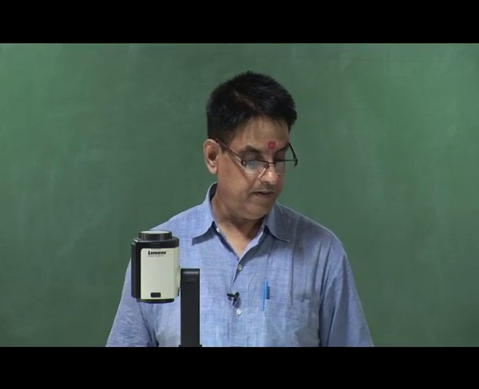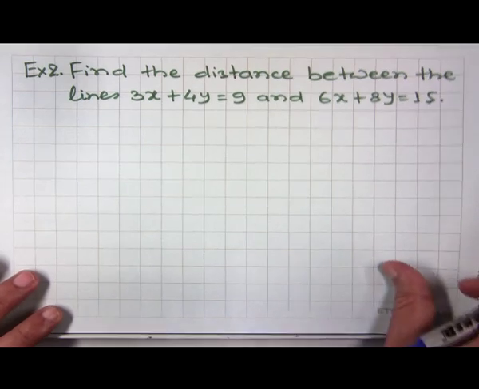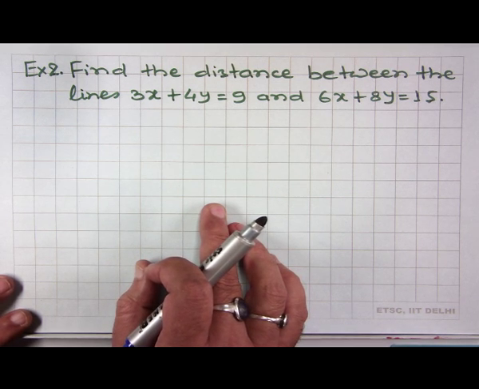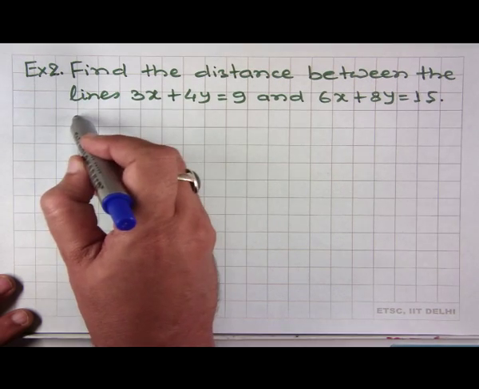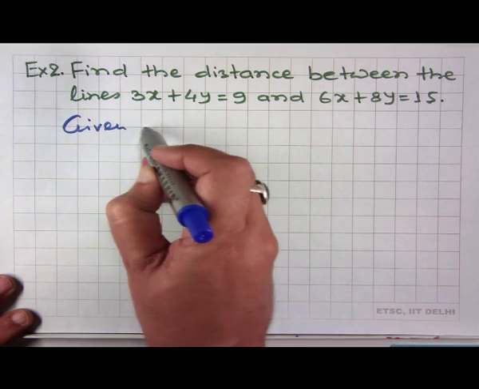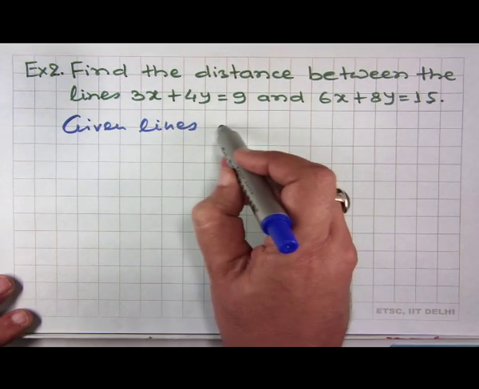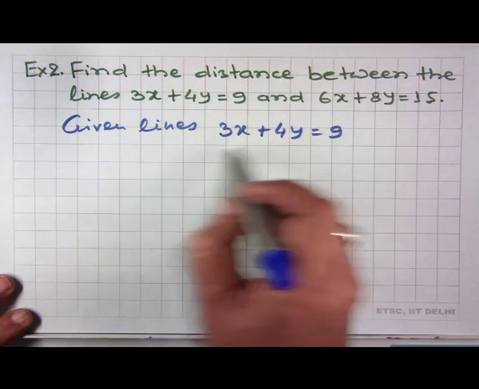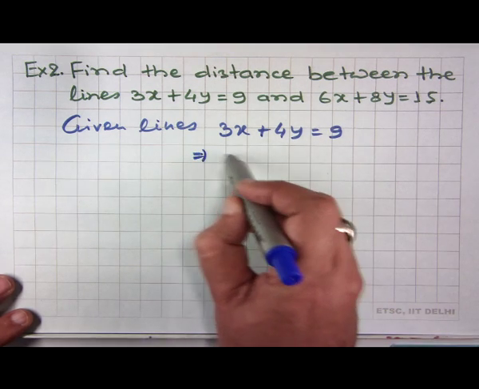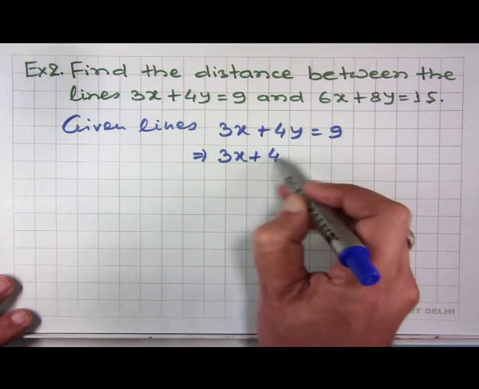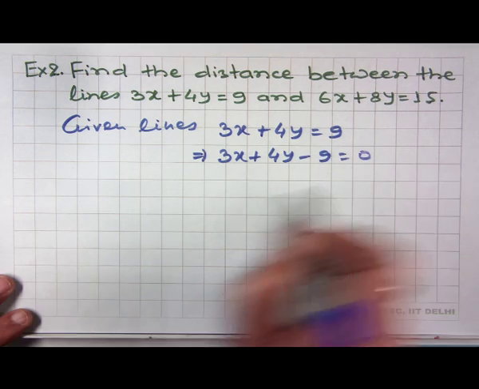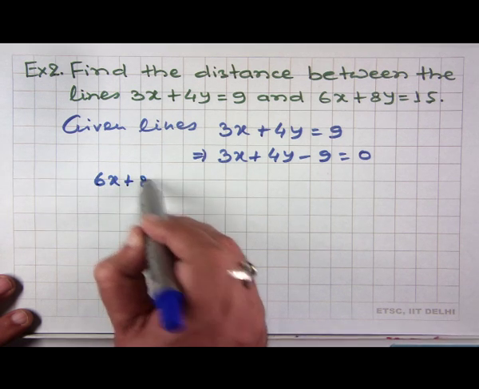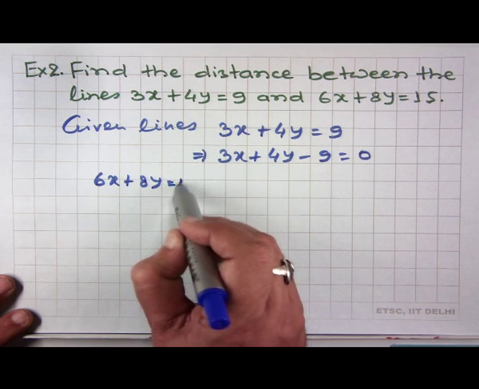Now we have another example. Find the distance between the lines 3x plus 4y equal to 9 and 6x plus 8y equal to 15. So the given line 3x plus 4y equal to 9 can be written as 3x plus 4y minus 9 equal to 0. The other line is 6x plus 8y equal to 15.